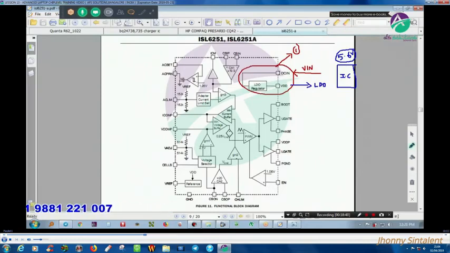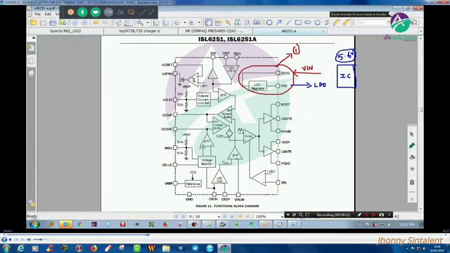Drive means to start only, but with a high voltage it cannot run. It needs a lower voltage, 5.4 or 5 volts. Very important. So in future also, whenever you see 5 volts, it is used to drive an IC.